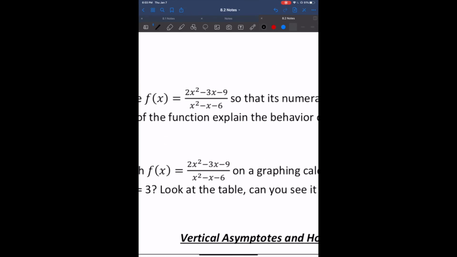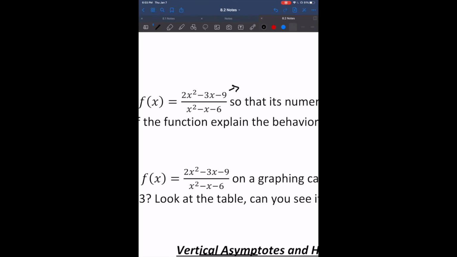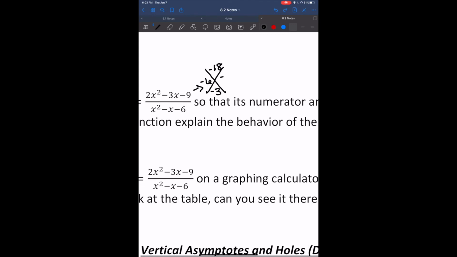So looking at the numerator, let's go ahead and factor. And remember, we are doing diamond because it is a quadratic. Up top, we are taking a times c. So 2 times -9 gives us -18. B is -3. We need two numbers that multiply to -18 but add to -3: -6 and +3.